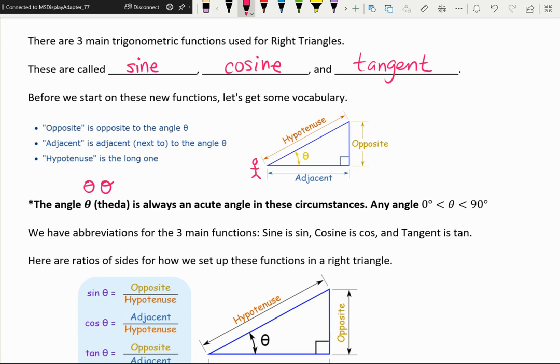An acute angle is an angle between 0 and 90 degrees. And I can only take the sine, cosine, and tangent of an acute angle. So I will never take the sine of something that's 90 degrees or bigger. Theta is always going to be between 0 and 90 degrees. It's always going to be acute.